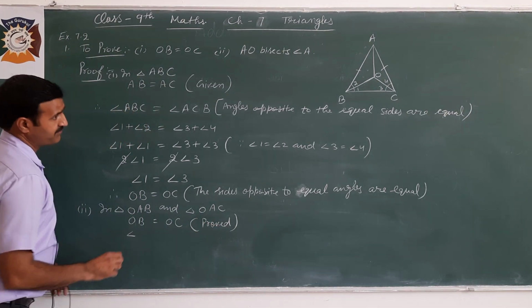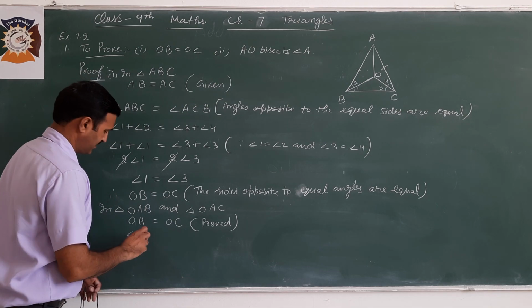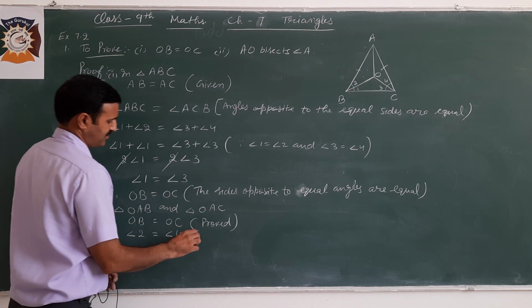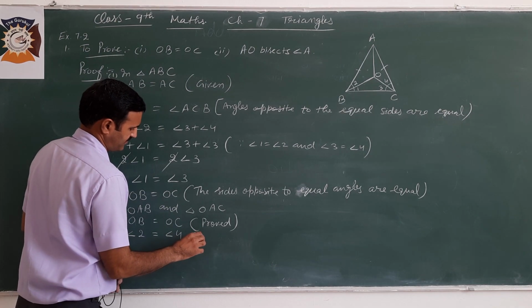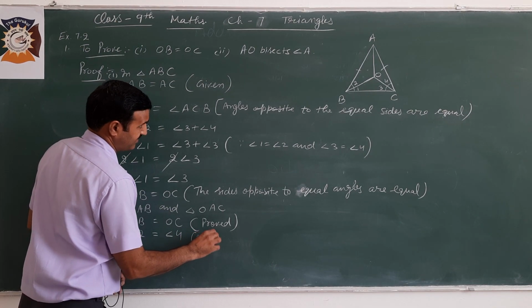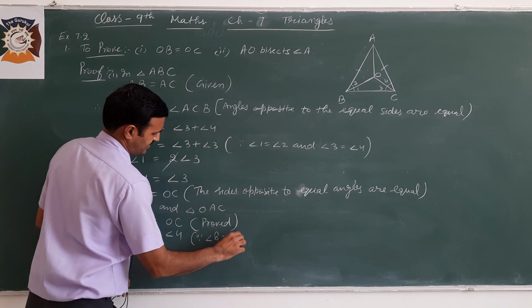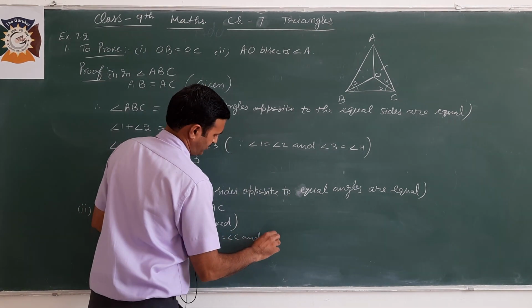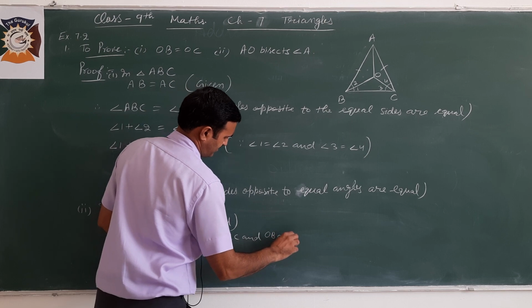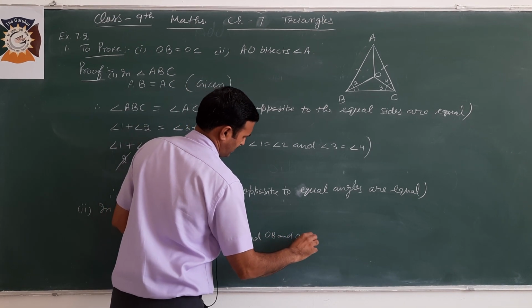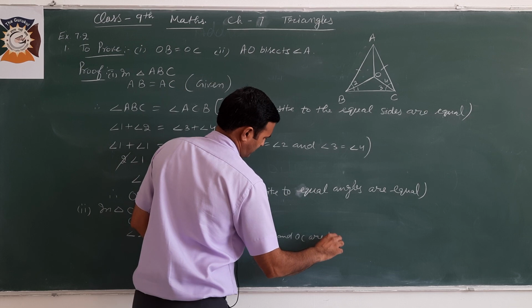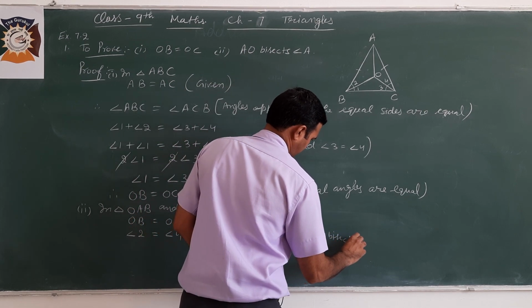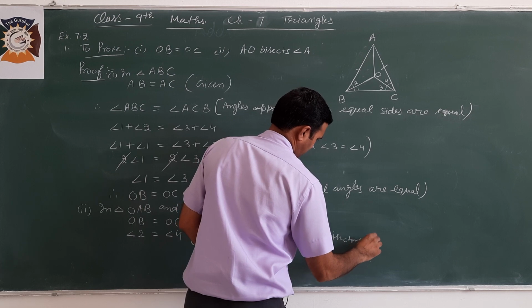Angle 2 is equal to angle 4 because angle B is equal to angle C and OB and OC are bisectors of these angles.